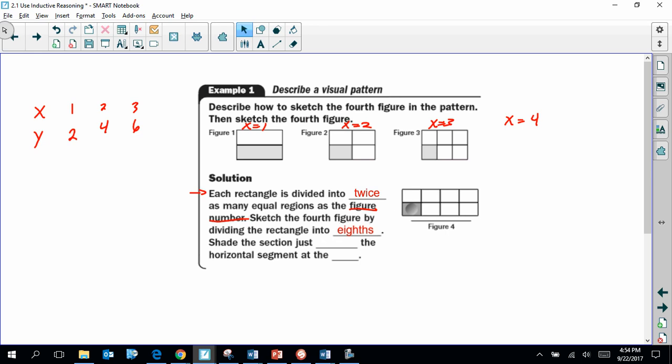When x is 4, we're going to have 8 equal sections, and the shaded area is going to be in the bottom row, towards the left. Based on the pattern, as far as how many equal regions the figure was divided into and where the shaded part was located, we can make a prediction about what the next figure in the pattern is going to be.